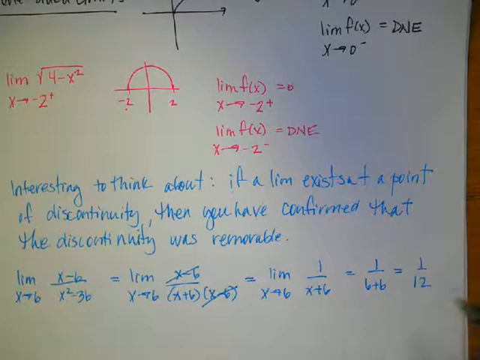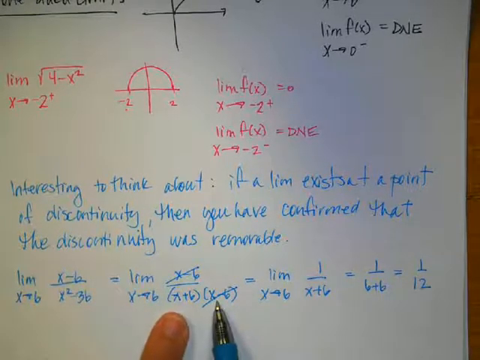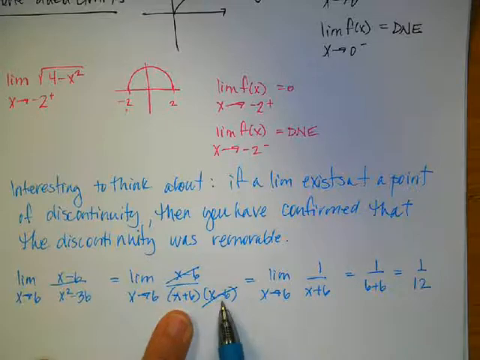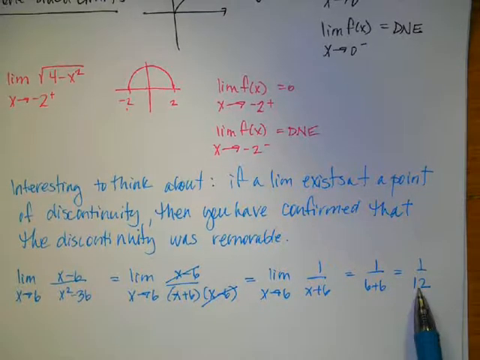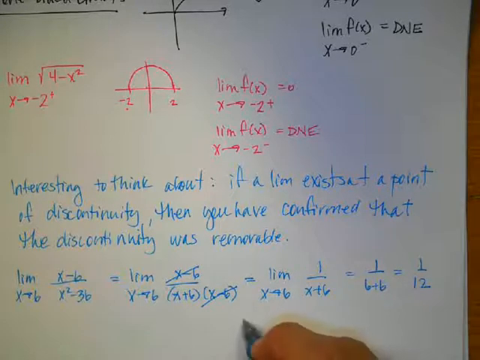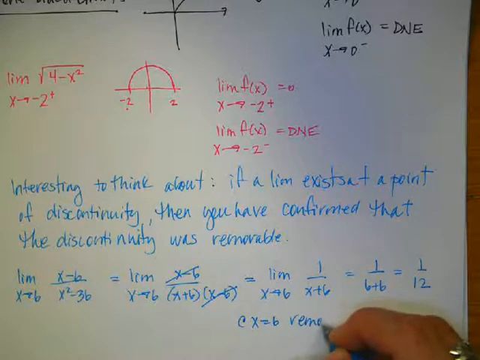So what we just said is if a limit exists at a point of discontinuity... I have 2 points of discontinuity, one at x equals 6 and one at x equals negative 6. Because I could find the limit and get 1 over 12, I can confirm that I have a removable discontinuity at x equals 6. So this would be my removable discontinuity.